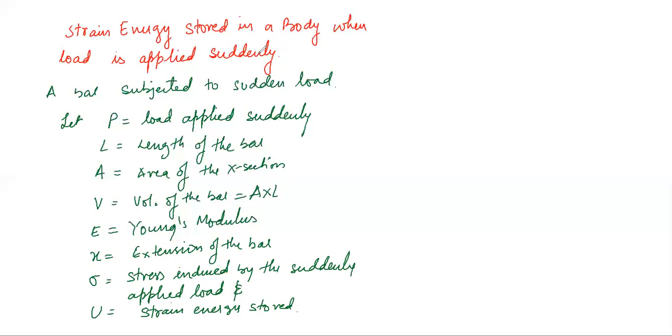Now, as the load is applied suddenly, the load P is constant when the extension of the bar takes place. Therefore, work done by the load is equal to the load into extension.